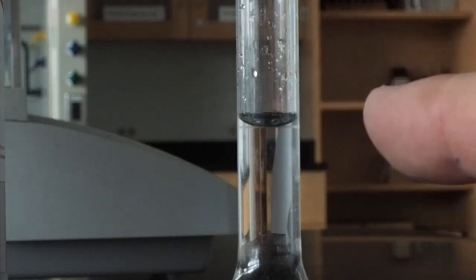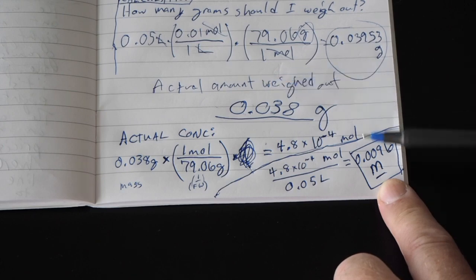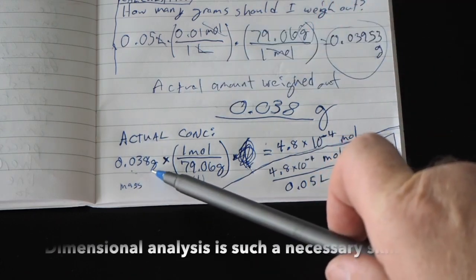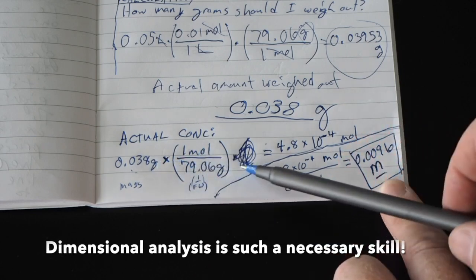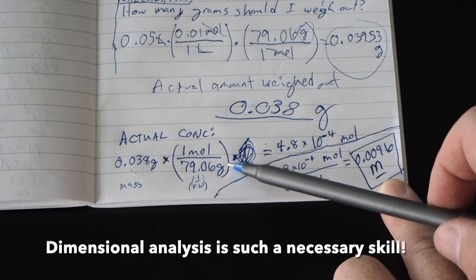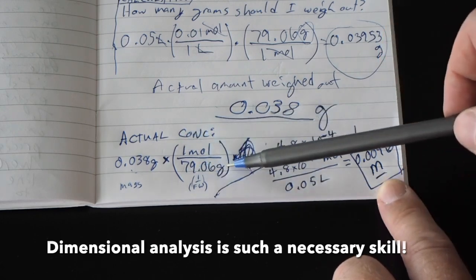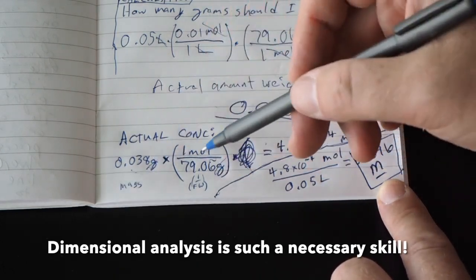50.00 milliliters. My 0.038 grams was dissolved in the 50 milliliters, so I can calculate, the 0.038 grams, a little less than what I wanted. I have to divide that by 79.06 grams per mole, or in other words, multiply by 1 mole over 79.06 grams to convert grams, which cancel here, to moles.